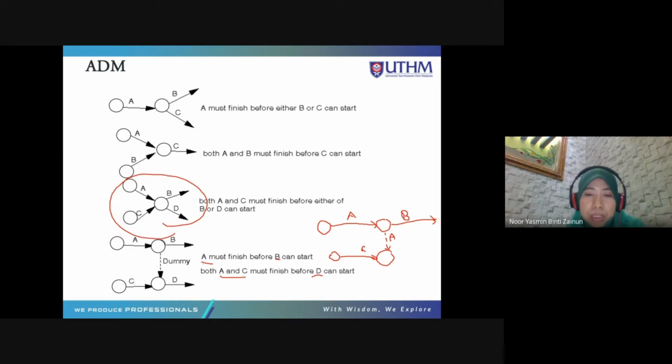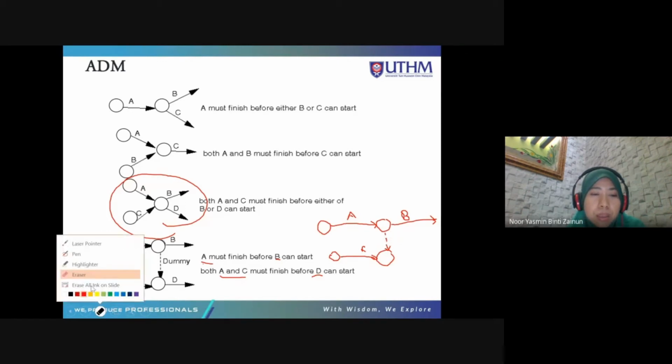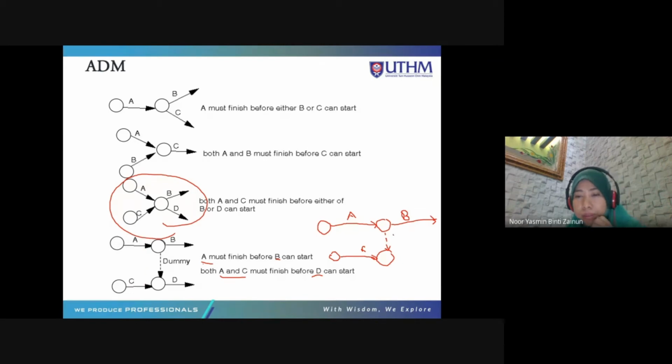No, we cannot do this. So what we need to do is create the dummy. Dummy D. So that activity D can start after A and C are finished.